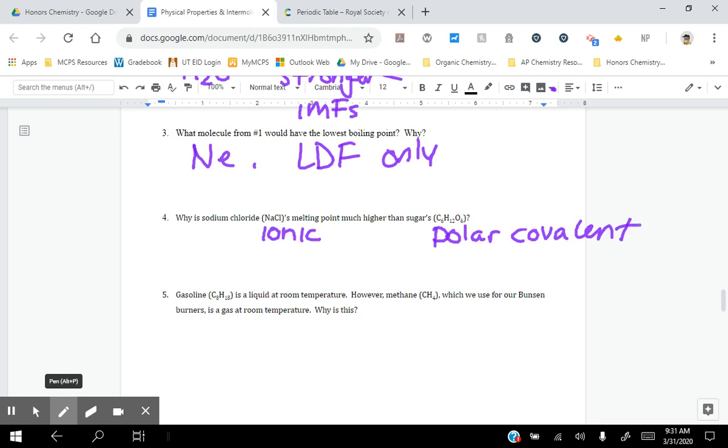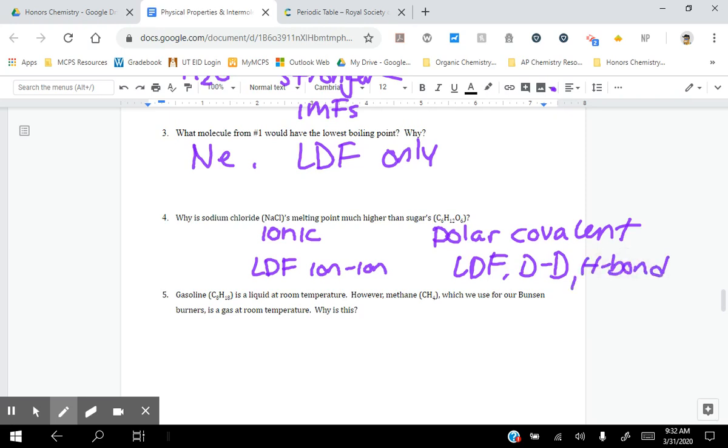If I'm looking at the intermolecular forces here, I know that in an ionic compound, I have LDF and ion-ion. In sugar, I will have LDF and dipole-dipole forces, and probably even some H bonding forces, if I had to make an assumption. I would have to actually look up the Lewis structure for sugar to double check that.